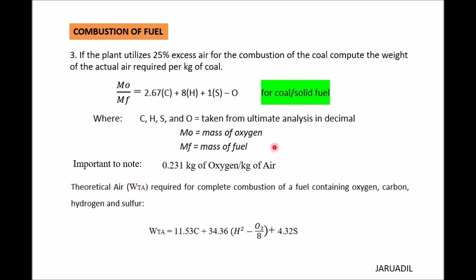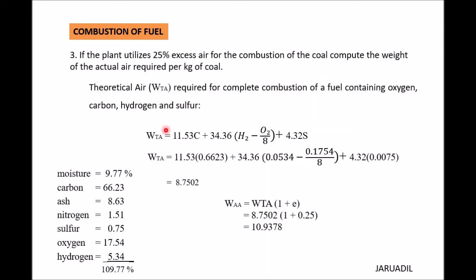I have already discussed in our previous video how we derived this WTA: 11.53C plus 34.36 times this quantity plus 4.32 times the sulfur. So you will use this to find the weight of actual air: the theoretical air required for complete combustion of fuel containing oxygen, carbon, hydrogen, and sulfur.